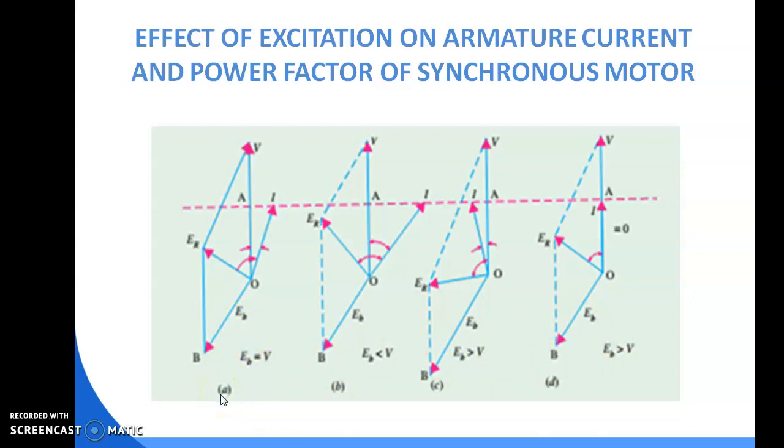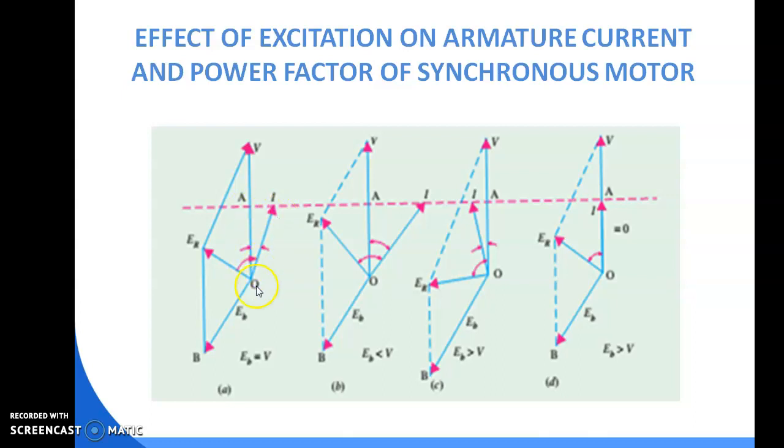Figure A shows the phasor diagram for EB equals V. Here the back EMF is equal to the supply voltage V. Here we can see this is the origin O. This is the voltage. Voltage reference is taken. Voltage phasor is here the reference.